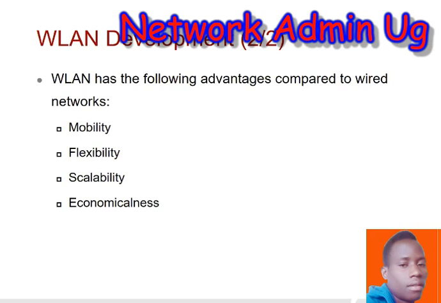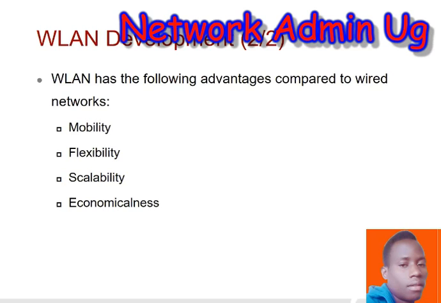For example, the clients accessing hotels right now are not as many as those during the festive season. Clients become much more numerous at certain times, so you need to boost up your network. If you're using a wired network, you need to buy more cables to connect more users, but for a wireless network, it is easier to scale.